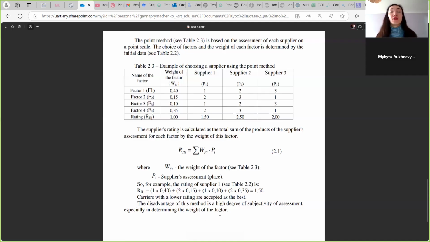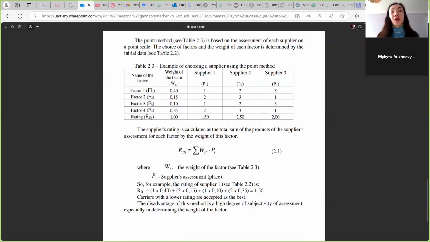Of course, we have either analytical information or, for example, the opinion of our workers, of our suppliers and others. So sometimes it could be not very right information. Okay, now we could calculate these parameters for all our suppliers and choose the best supplier.